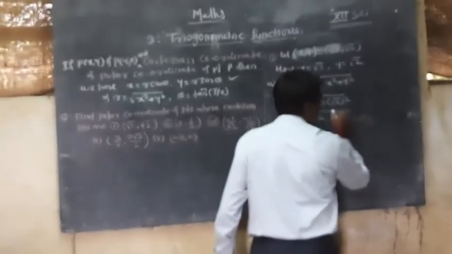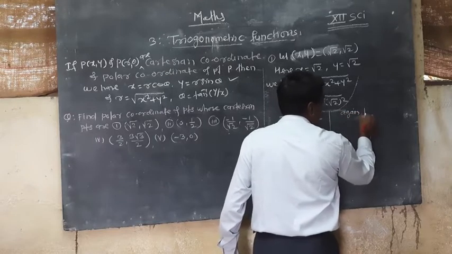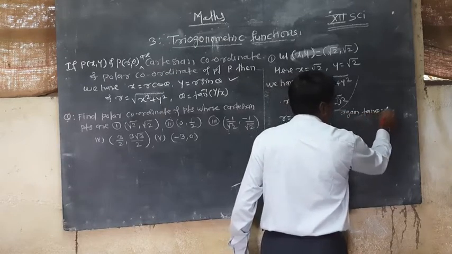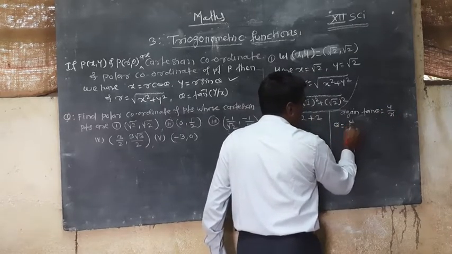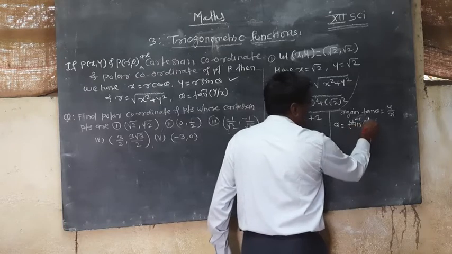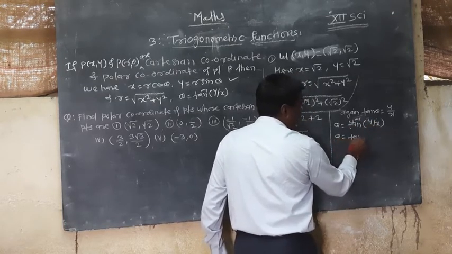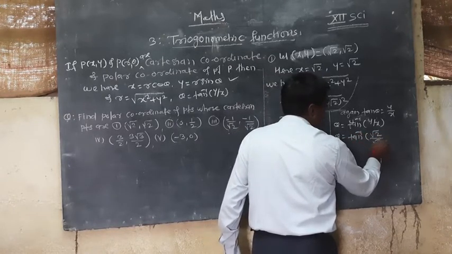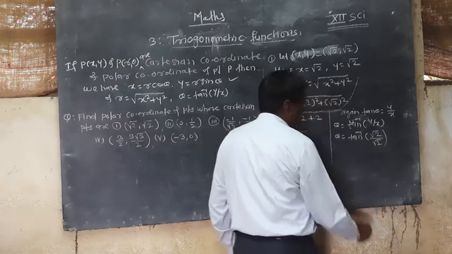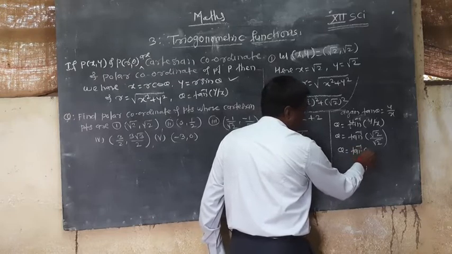After this, we have another relation, that is tan theta is equal to y upon x. So theta is equal to tan inverse of y upon x. Therefore theta is equal to tan inverse of root 2 divided by root 2, and by simplifying, theta is equal to tan inverse of 1.